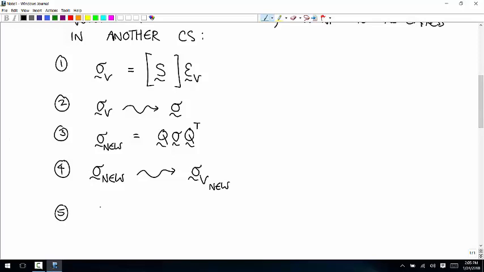And then finally, the Voigt strain is equal to the compliance matrix times the Voigt stress in the new coordinate system. Okay, so if you want to do a transformation of strain, you have to do it through the stress transformation.